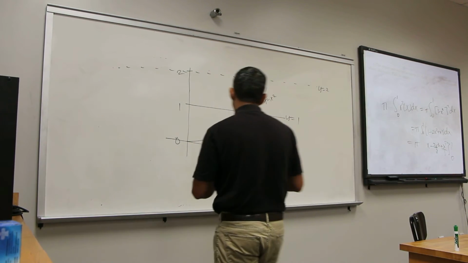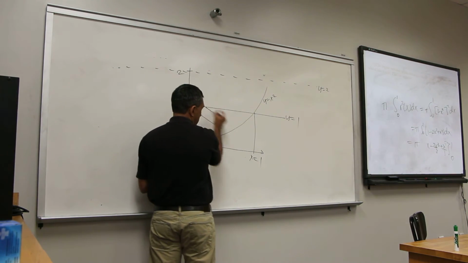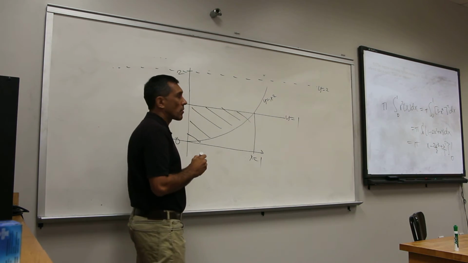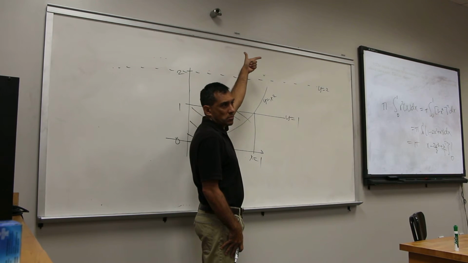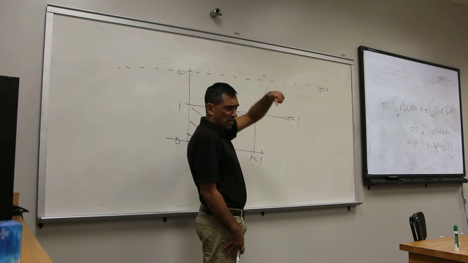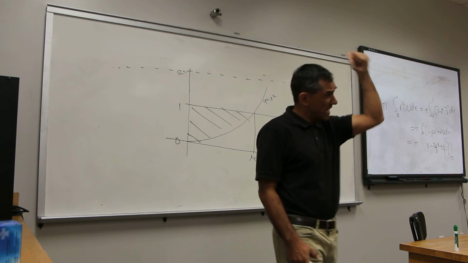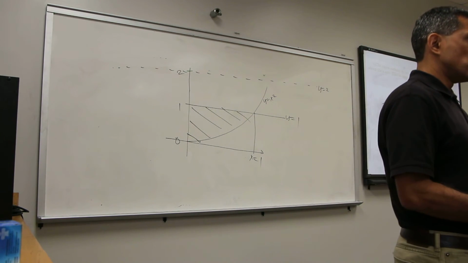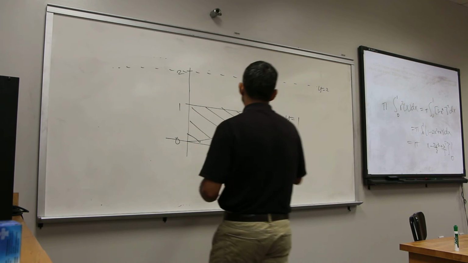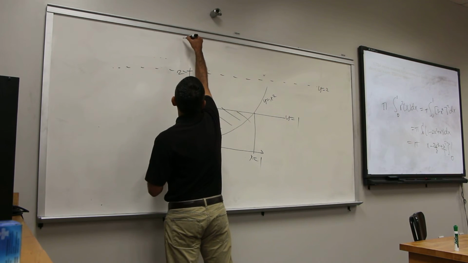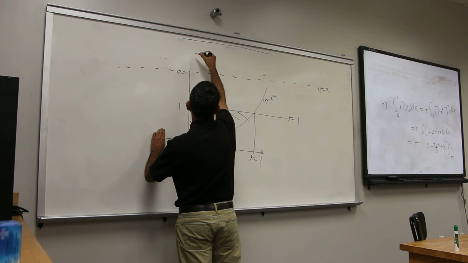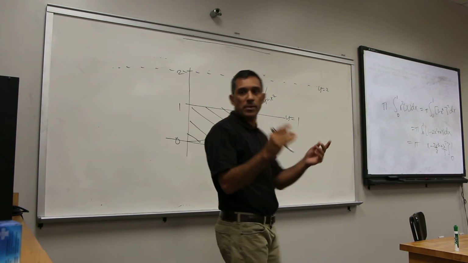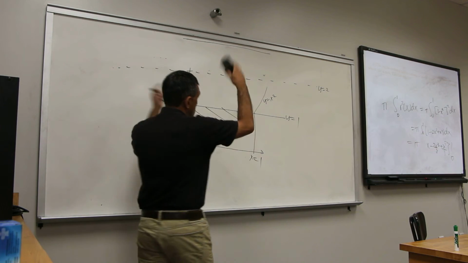He wants to take this area here and rotate it about the line y equals 2 and find the volume thereof exactly. I'm going to have to make it a little smaller. I'm running out of space here.